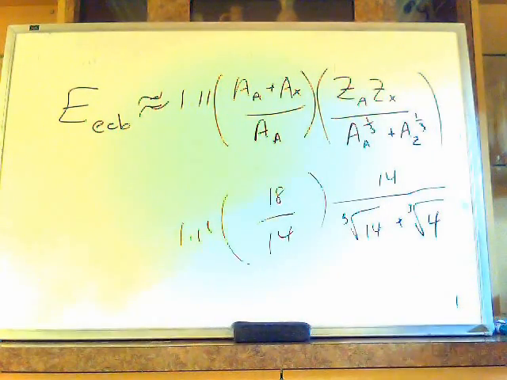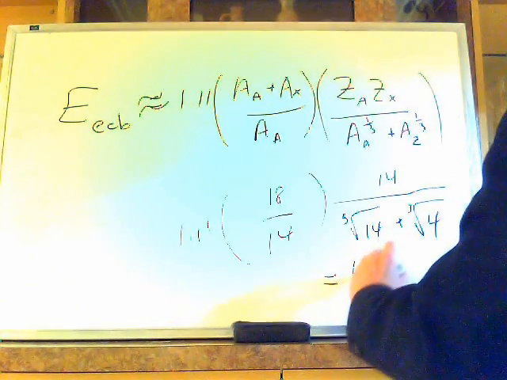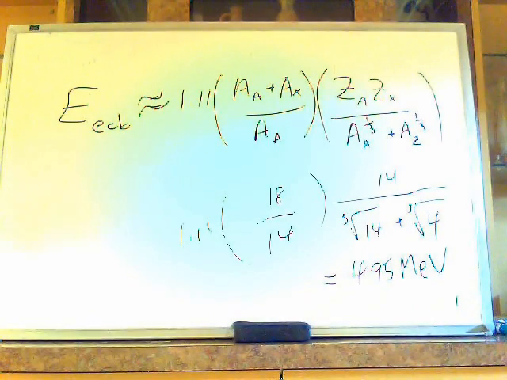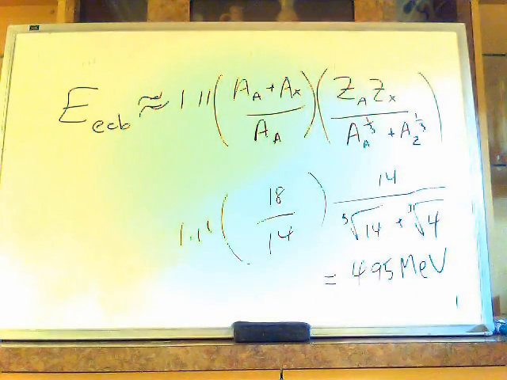So if I've done that correctly, when we do all of that and actually carry out the calculation, we'll get a value of 4.95 million electron volts. Okay, so that is giving us this effective Coulomb barrier. And the alpha particle that, fortuitously, Rutherford used actually had quite a bit of energy in it.